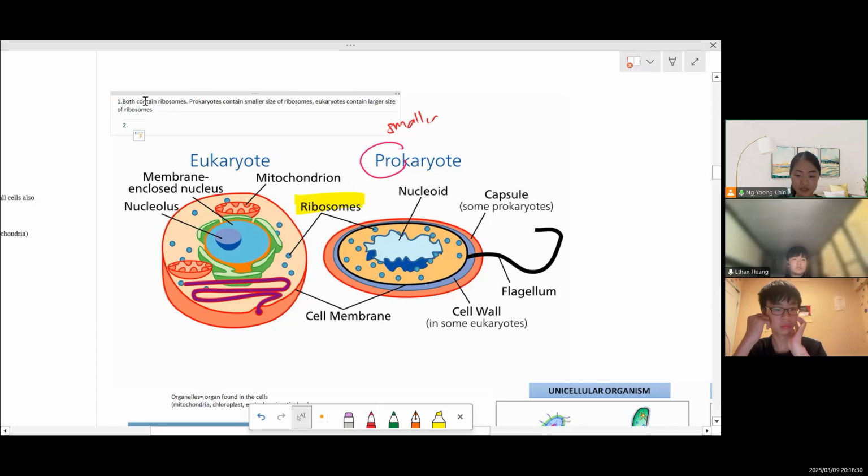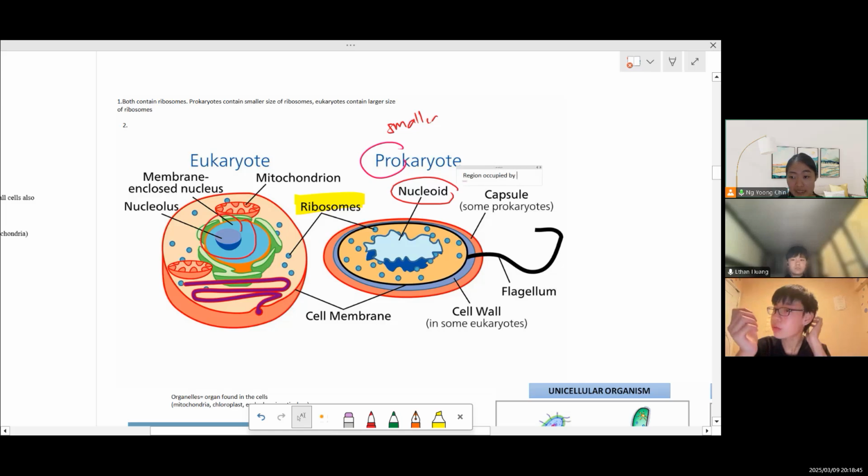And the eukaryote contains this nucleus. In prokaryote, we don't have the nucleus. We only have a nucleoid, which refers to the region occupied by the DNA. This is the difference between them.